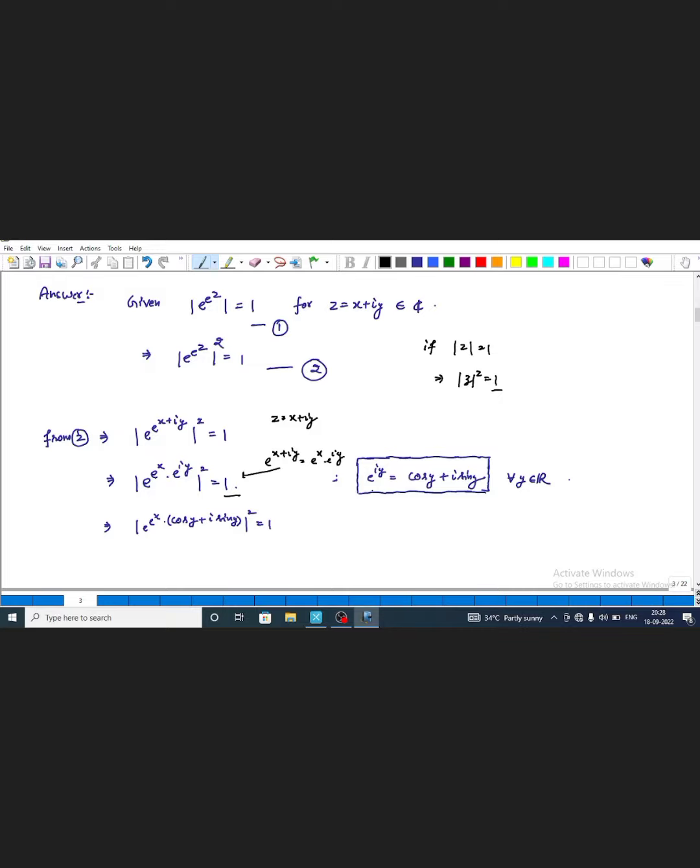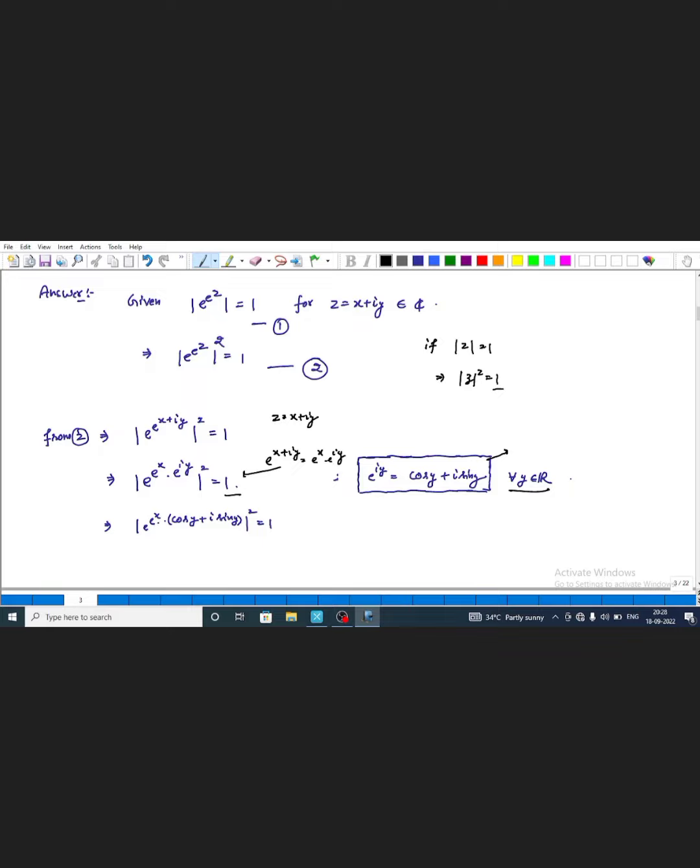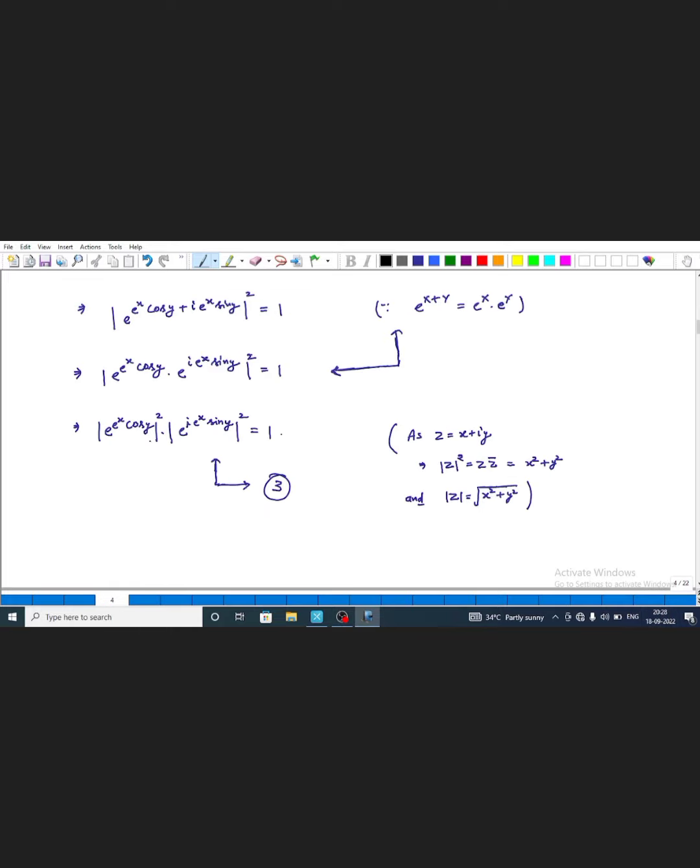Now as we know, e power iota y is equal to cos y plus iota sin y, for every y belonging to R. This is Euler's theorem. So the modulus of e power x into (cos y plus iota sin y) is equal to 1.